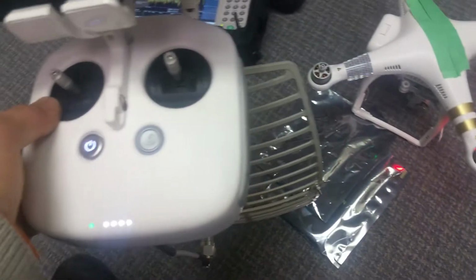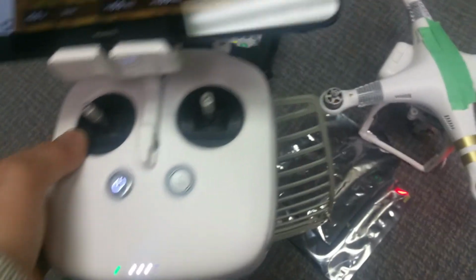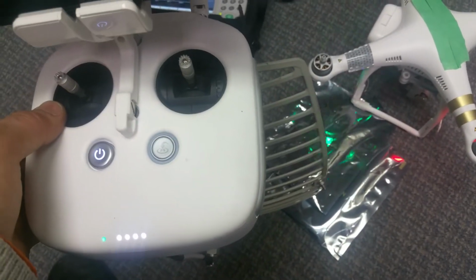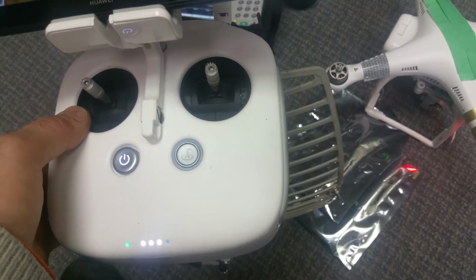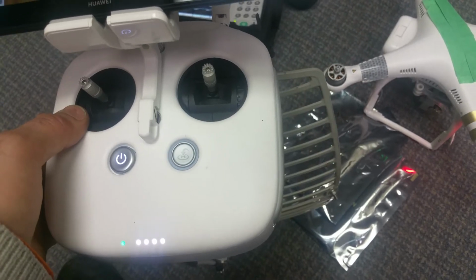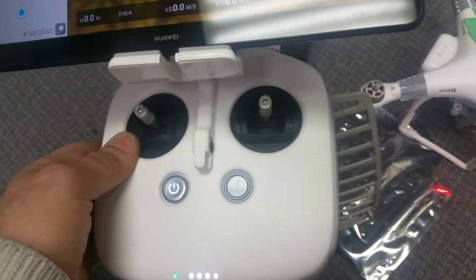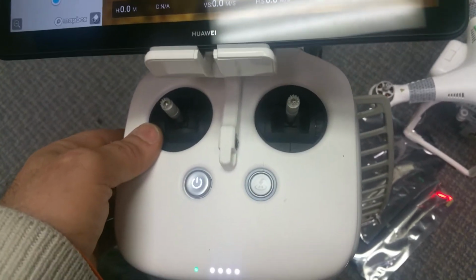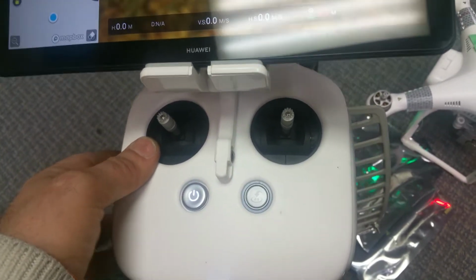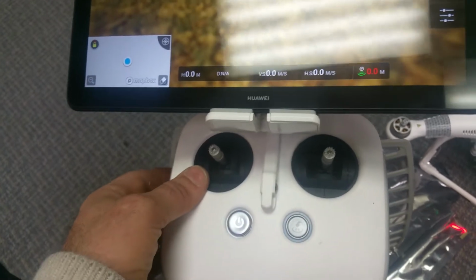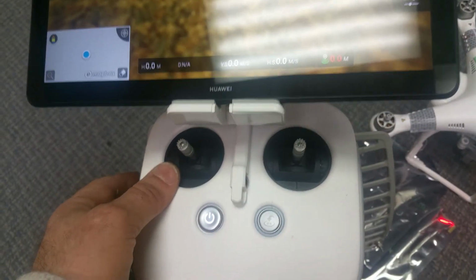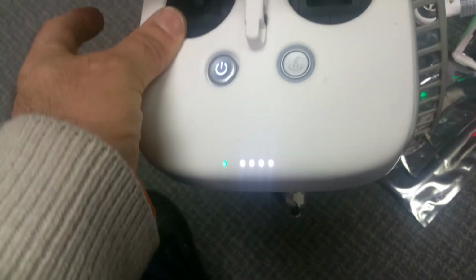But if you rely on the radio link that gives you the GPS, then you have a better chance. And if you lose signal, it's supposed to come back home.